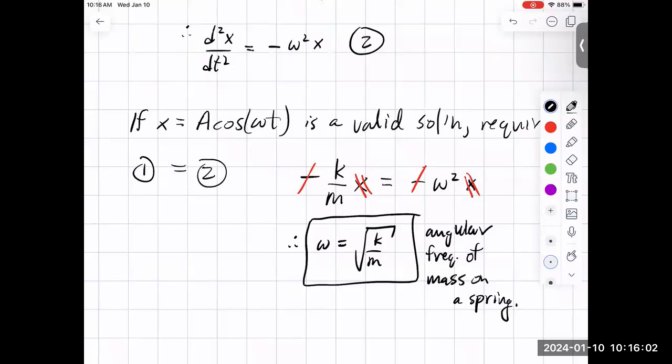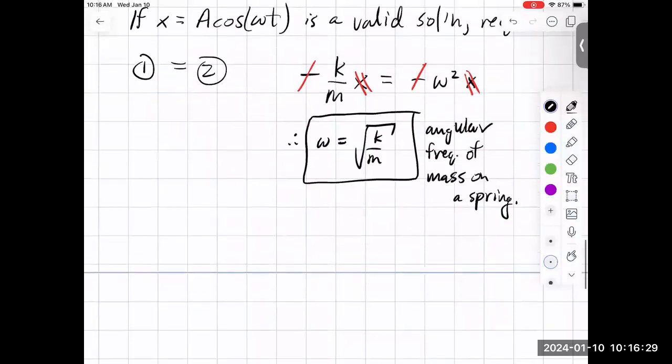In any real setup, there would be some friction, you would be generating heat, you'd lose your mechanical energy, and those oscillations would die out, and the mass would rest at its equilibrium eventually. But if it was truly a frictionless surface, those oscillations would just continue indefinitely. And this frequency omega, this angular frequency, tells us how often those oscillations repeat.